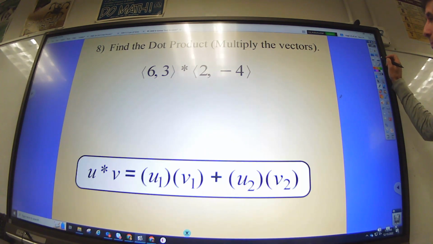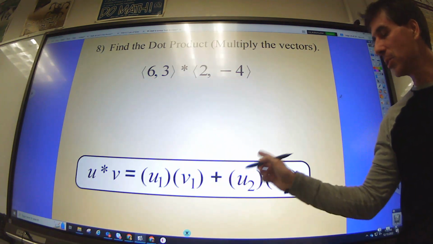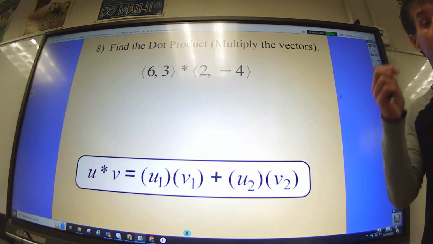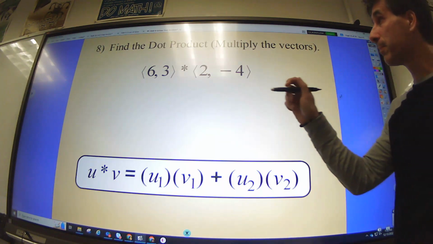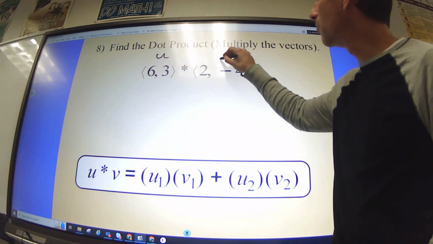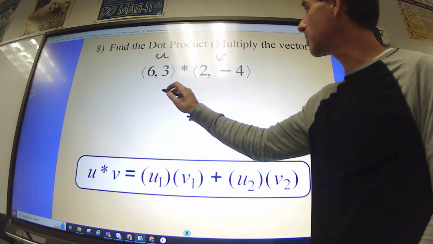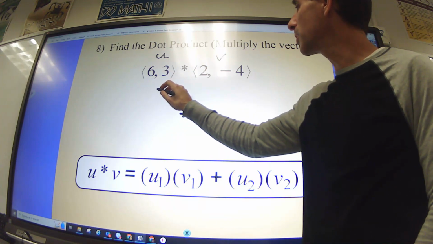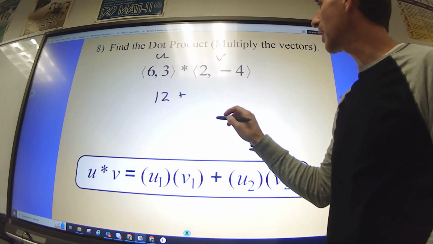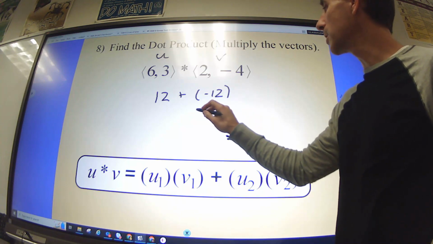Then we got to solve for the magnitude, which once it's in component form is pretty straightforward. The magnitude's going to be v1 squared plus v2 squared, or 0 squared plus 2 squared, which is 0 plus 4, which is the square root of 4, which is 2.